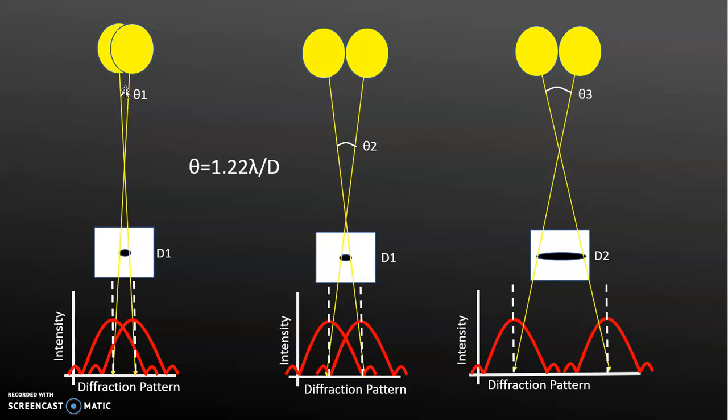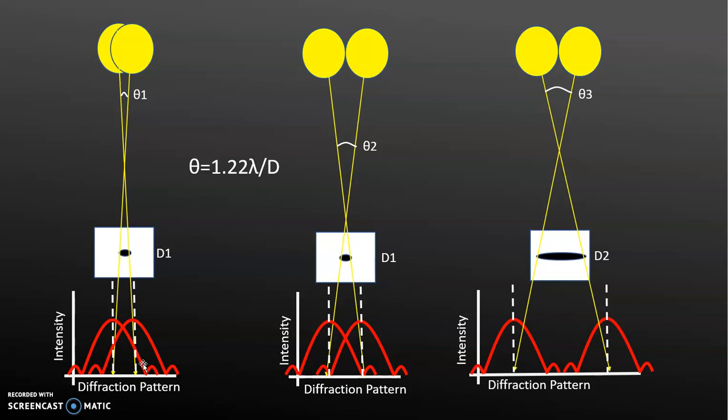So we have a certain theta associated with these light sources as they pass through this circular aperture. As they pass through, we see that the minimum of this diffraction pattern is past the center of the other diffraction pattern.